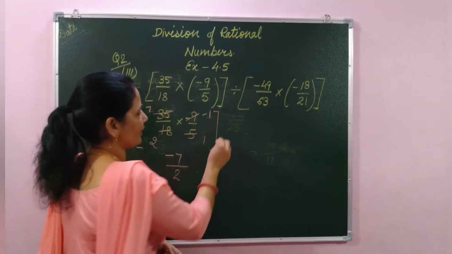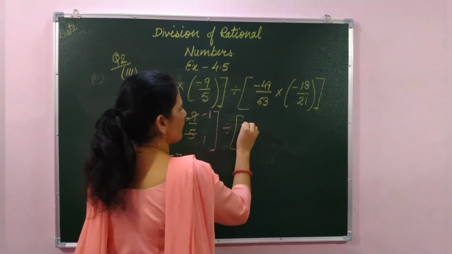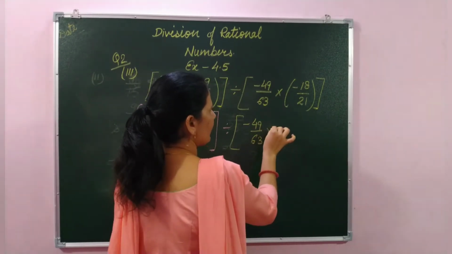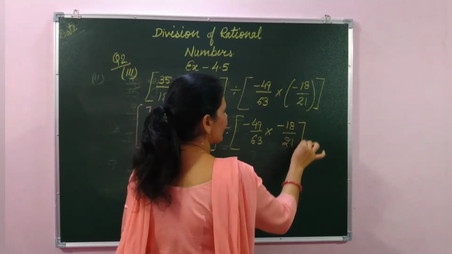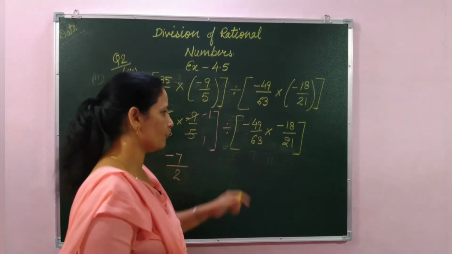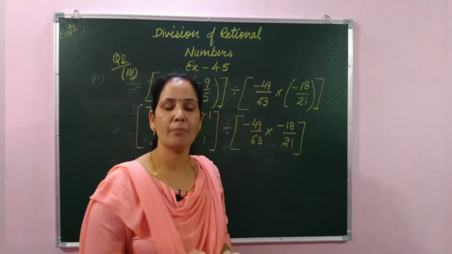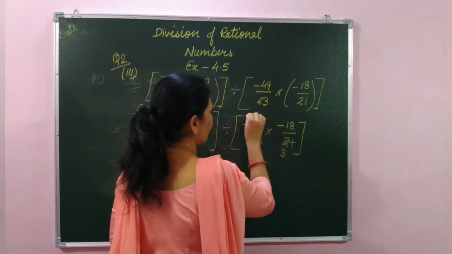Now after that, solve the next part of this one. The next part they have given is minus 49 by 63. Then multiply minus 18 by 21. So let's check by which number it is possible to cancel. The first one by 7, because 49 and 21 are both multiples of 7. 7 3s are 21, 7 7s are 49.